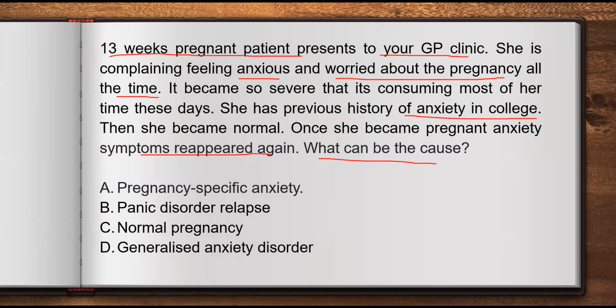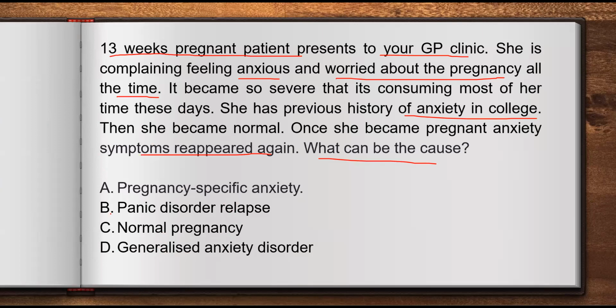So you can find out that this is a pregnant patient and she's mainly anxious and worried about pregnancy all the time, and it's very severe. So do you think it's a pregnancy-specific anxiety, panic disorder relapse, normal pregnancy, generalized anxiety disorder? Anyone? So let me tell you that this is called pregnancy-specific anxiety disorder.